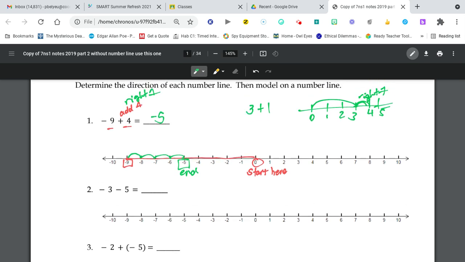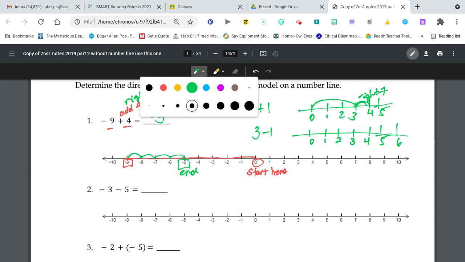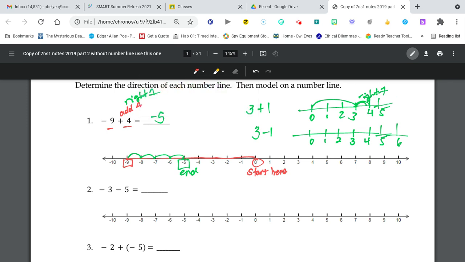All right. Before I do number 2, let's just go over what we do if we had to subtract. Suppose instead of 3 plus 1, you had 3 minus 1. That's 0, 1, 2, 3, 4, 5, 6, and so forth. So if I started at 0 and moved to 3, I would be here.